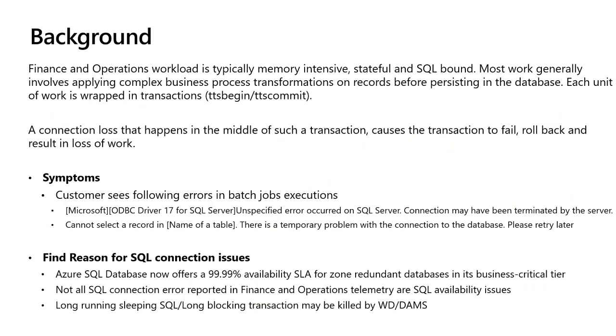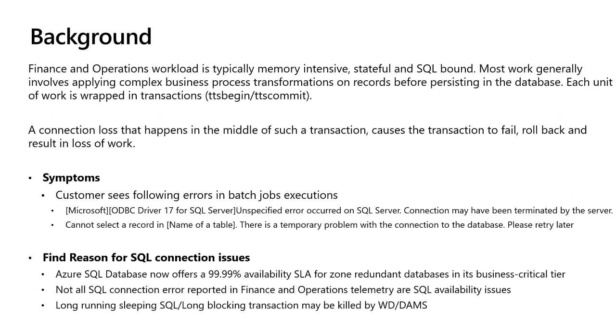We monitor this from the telemetry and get a complaint from the customer and the partner saying, hey, I have this particular process that failed. Now, these processes, these units of work, can be initiated from a browser session by a user clicking a button on a form, or it could be an OData or service endpoint call to FNO, or it may be a batch process triggering that unit of work or transaction.